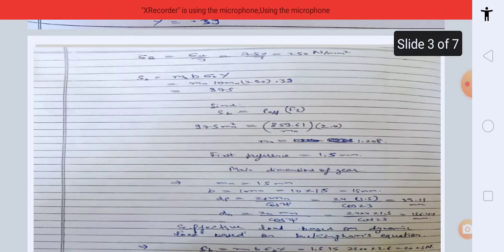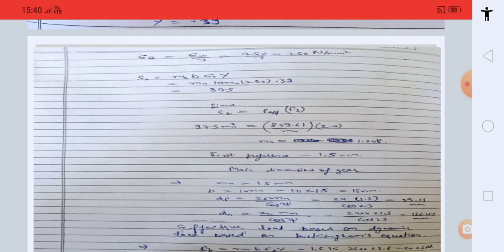We know that bending strength is equal to mn b sigma b y, where mn is the normal module, b is the face width, sigma b is the allowable bending stress, and y is the Lewis form factor.